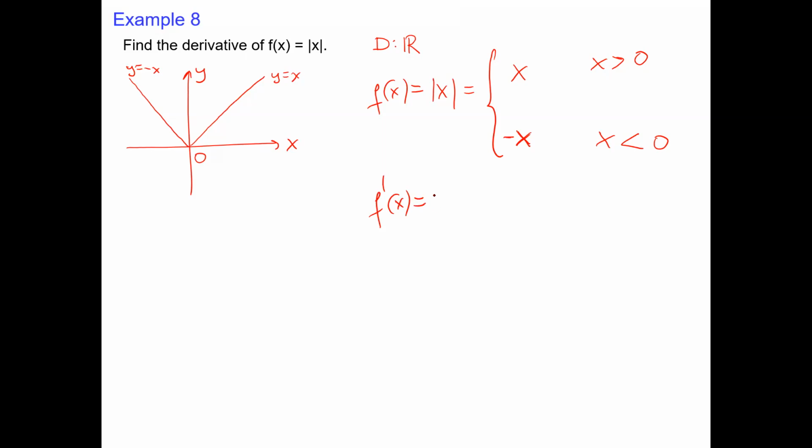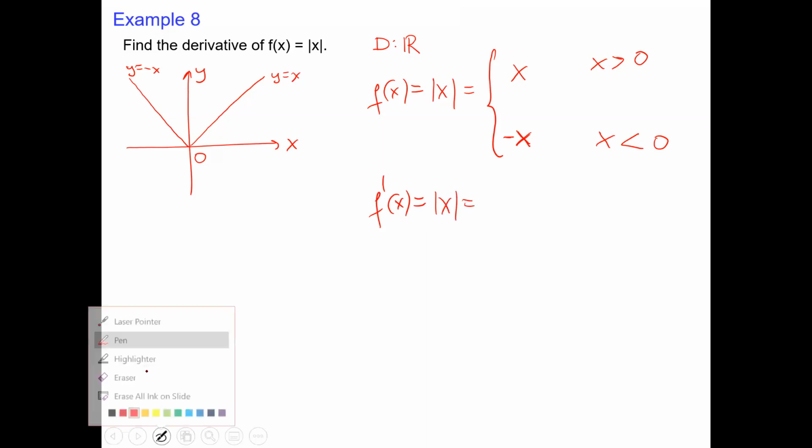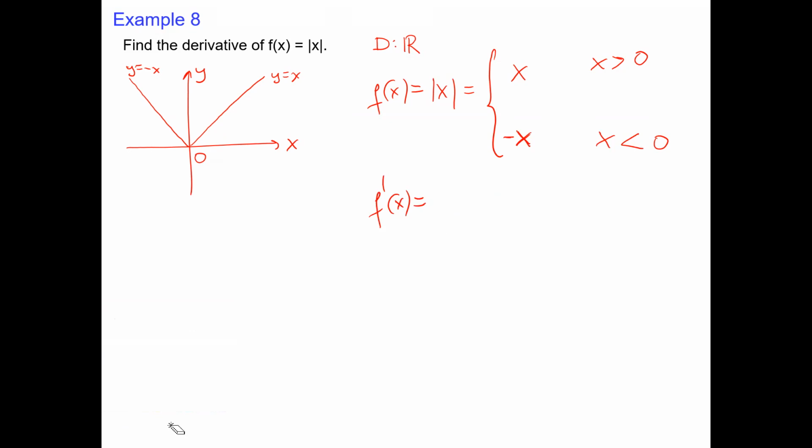We know what the derivative means, it is the slope of the curve. The slope of the function y equals x is 1, y equals negative x is negative 1. That's the derivative: it is 1 for positive x, and y prime is negative 1 for negative x.